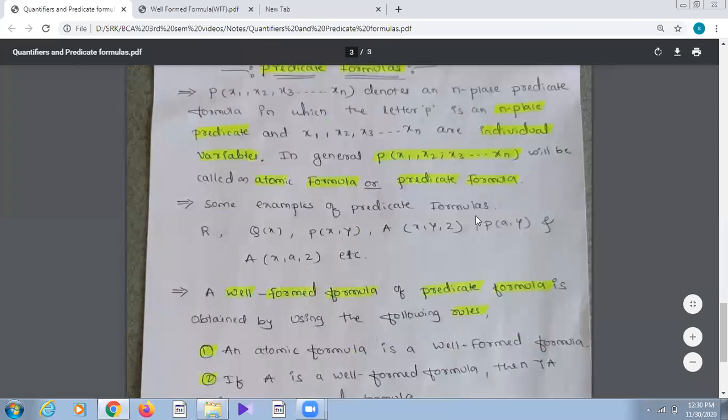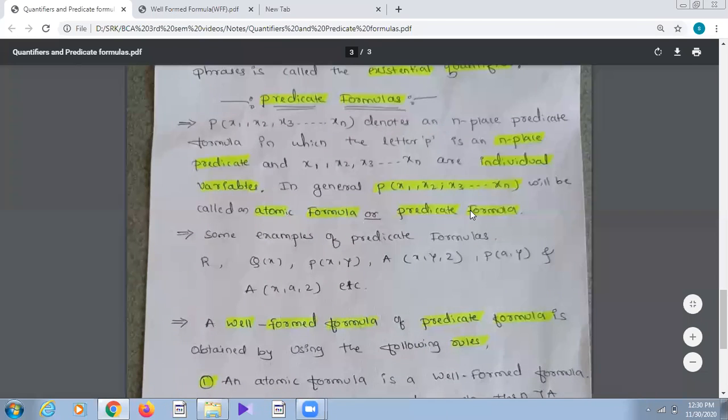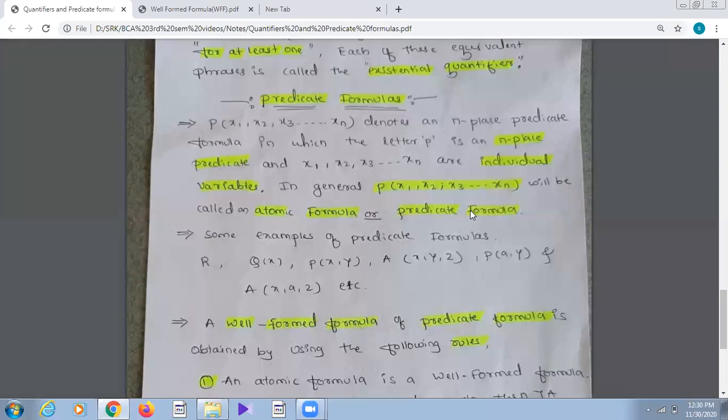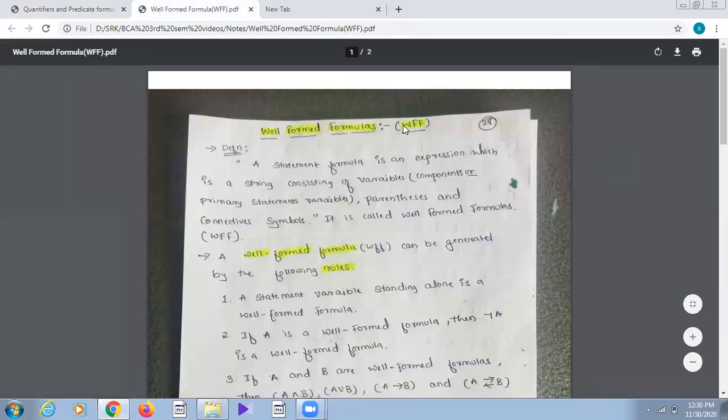Next, what is the well-formed formula for predicate formula? What we studied as well-formed formula was for the four connective symbols, for the connective statement formula.